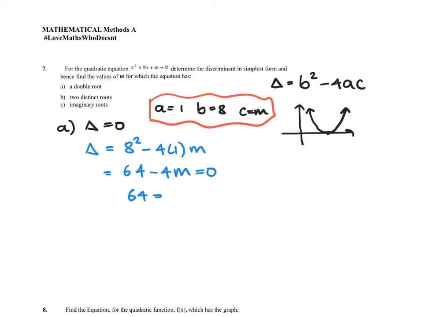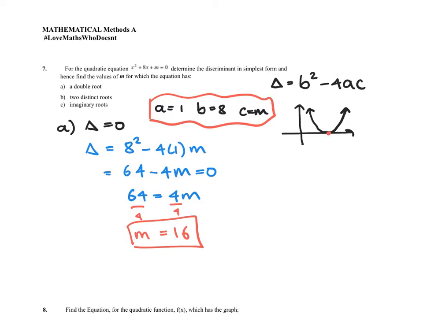I'm going to move negative 4m to the other side, and it becomes positive. To get m, we divide both sides by 4, and it's going to give us m is equal to 16. So for a value of m equal to 16, we're going to have a double root.